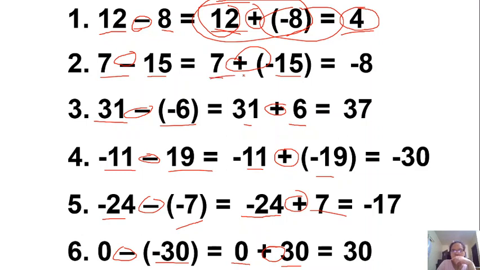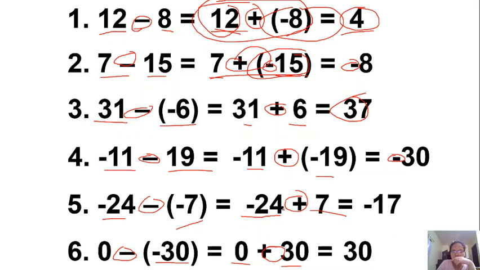So for the second one, which one has a greater absolute value? The one that has the greater absolute value is negative 15 and its sign is negative. That's why it's negative 8 here. Now 31 plus 6, that's very easy, which is 37. Negative 11 plus negative 19, since they have the same sign, you simply add them and then copy the sign.